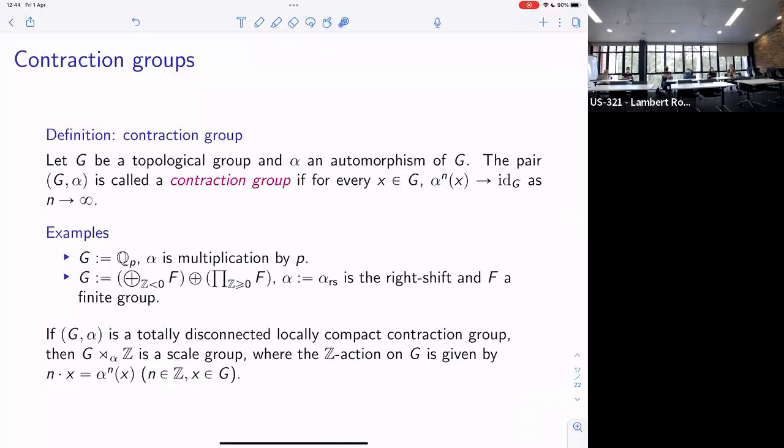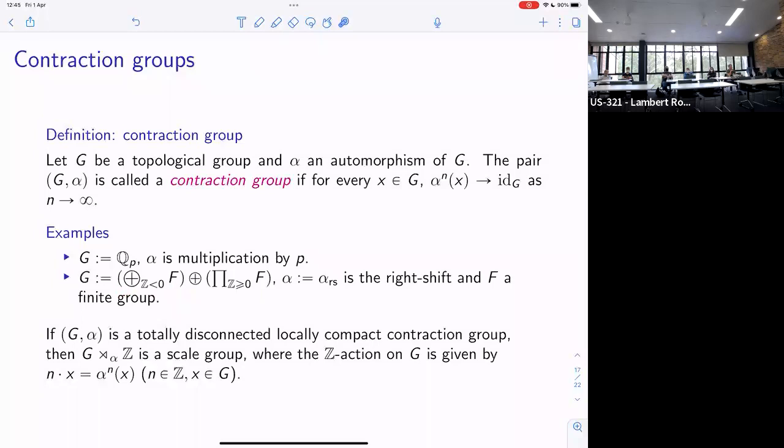So for instance, the p-adic rationals paired with the automorphism that is multiplication by p is a contraction group. Also, if we have the restricted direct product of copies of a finite group, and the automorphism is the right shift on sequences in this group, then this is also a contraction group.